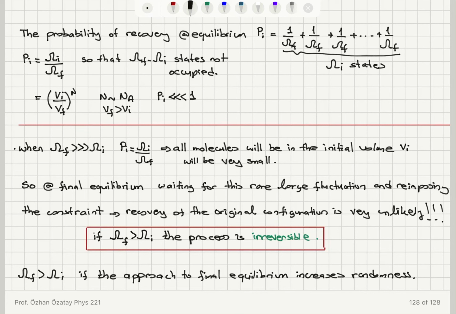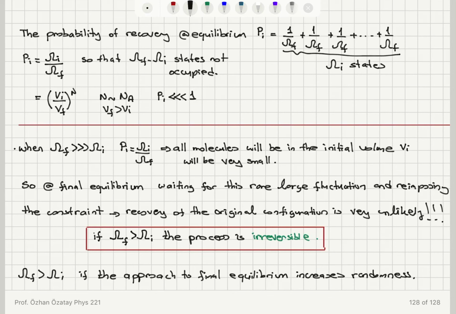The probability becomes omega I over omega F. So it is V initial over V final to the power N, which is very small because N is a large number, and V final is greater than V initial. This is V initial over V final is less than 1, and to the power N it becomes much less than 1. So the probability of recovery, the probability of having all molecules in the initial volume is negligibly small. Therefore, the process is irreversible.